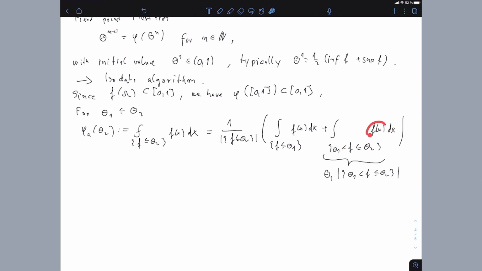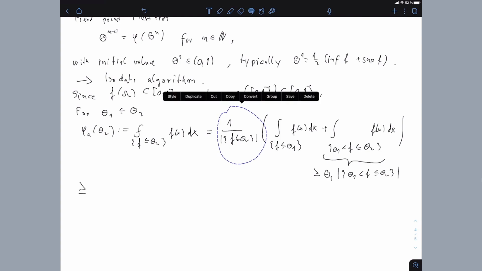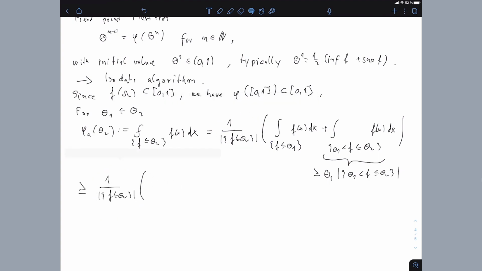So the function I can estimate from below by theta 1 and just multiply with the volume we are integrating. So this is the lower bound. So we go equal. So I can change that, then get rid of that part, and go on to estimate from below. Yeah, I also just keep this.